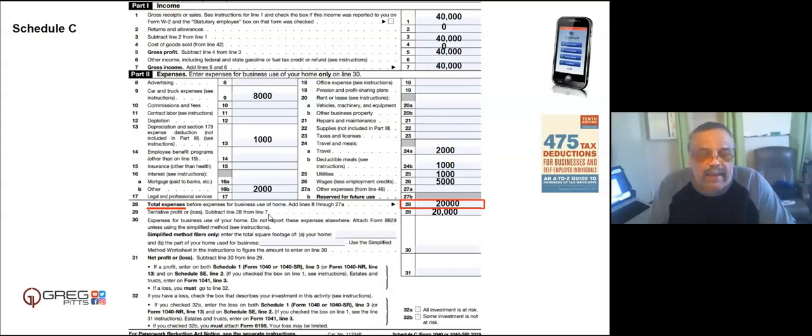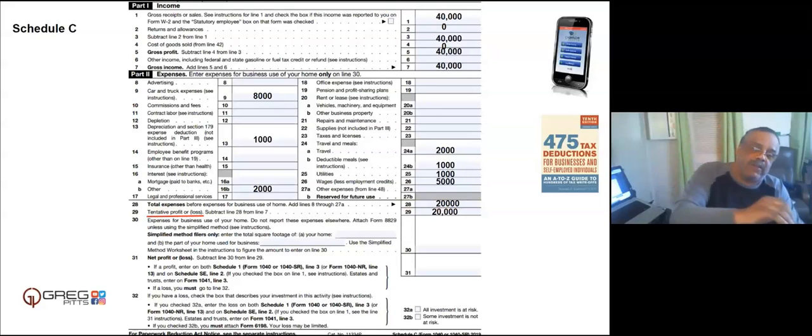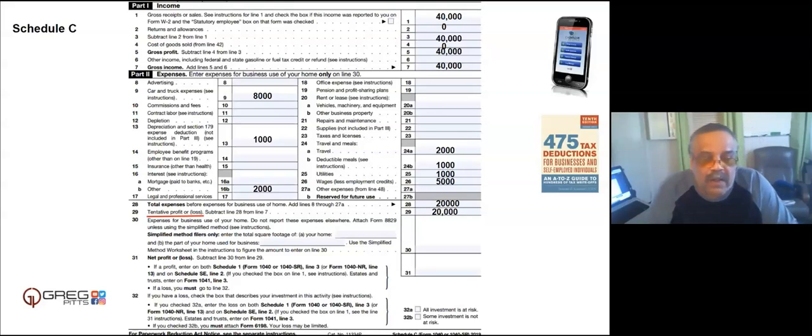Subtract line 28 from line 7. It's kind of funny because you got to subtract this number from this high number up here. But that gives you a $20,000 profit in your business, because $20,000 expenses leaves you with a $20,000 profit.